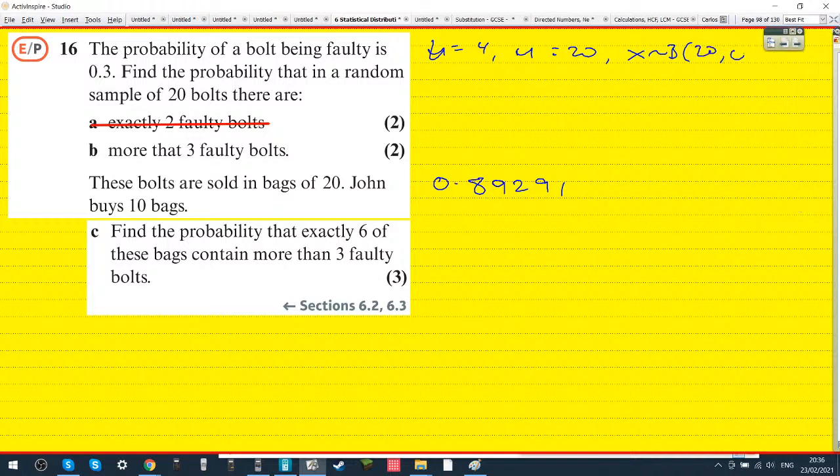So now does the number of trials become 200? Mm-hmm. And does the upper and the lower become 6? Yep.